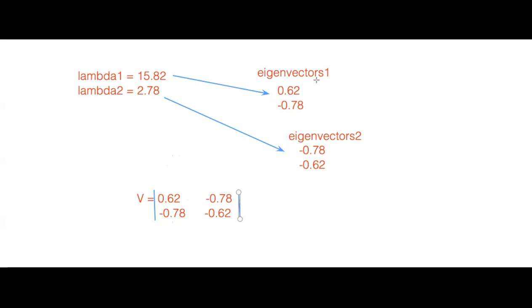Why is eigenvector 1 on the first column? Because it corresponds to lambda 1, which is greater than lambda 2. So we get the phi matrix here.